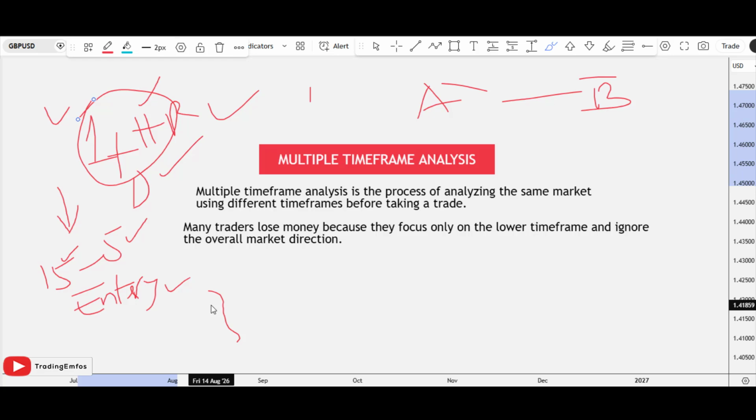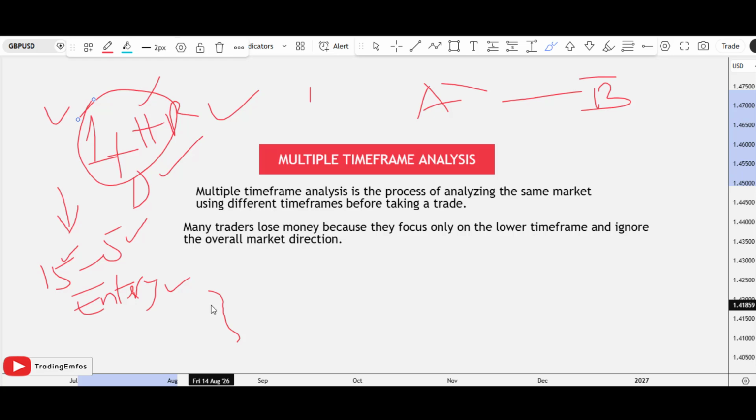It is just going to the higher time frame like the monthly, the weekly, the daily or the 4-hourly to see the bigger picture, to see what the institutions are doing, to see the market trend. Is it an uptrend or a downtrend? Then you narrow it down to the smaller time frames like the 15 minutes, the 5 minutes, or the 1 minute for a better entry.